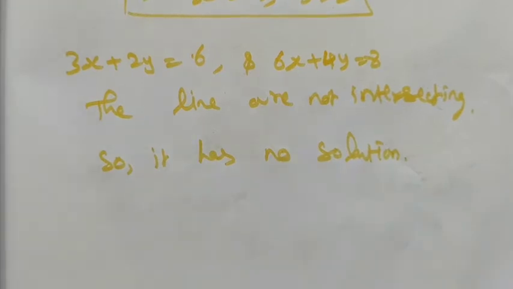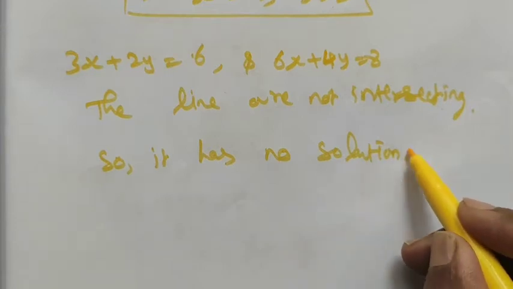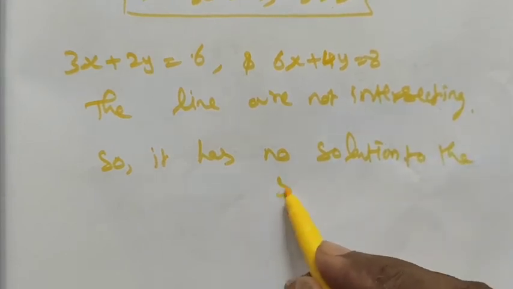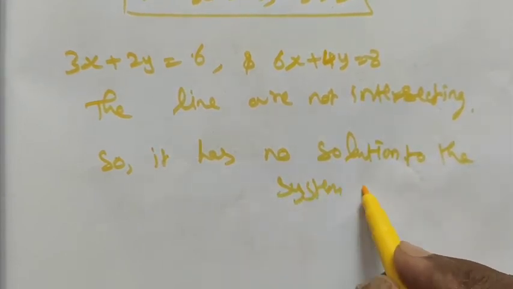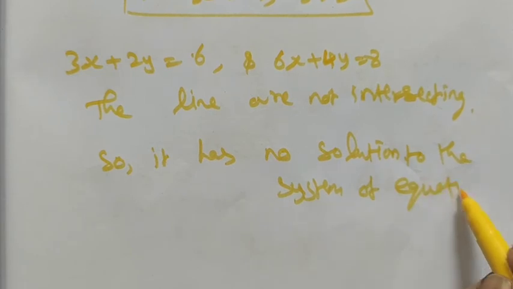I already told you, we get parallel lines, which means the two lines are not intersecting, so there is no solution to the system of equations. Thank you, students.